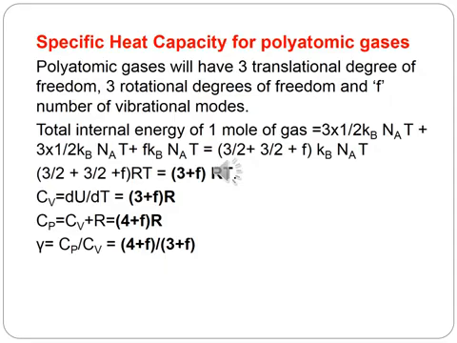Now we are going to calculate Cv and Cp. Cv is equal to dU by dT is equal to (3 plus f) R. Since Cp minus Cv is equal to R, Cp is equal to Cv plus R, where Cv is equal to (3 plus f) R, so Cp is equal to (3 plus f) R plus R, which is equal to (4 plus f) R. What should be the ratio of Cp to Cv?